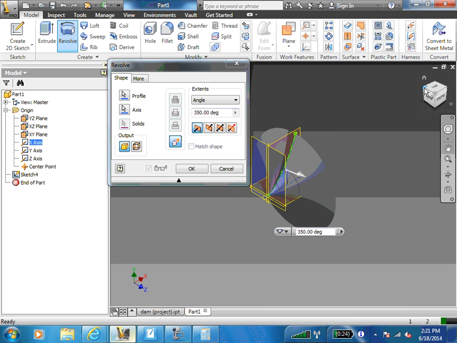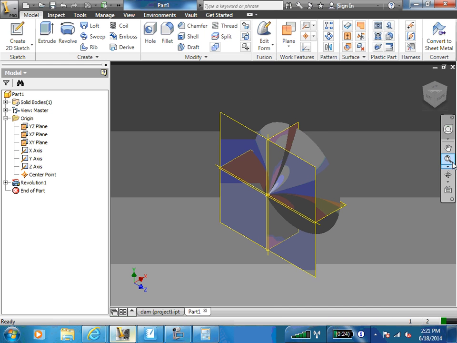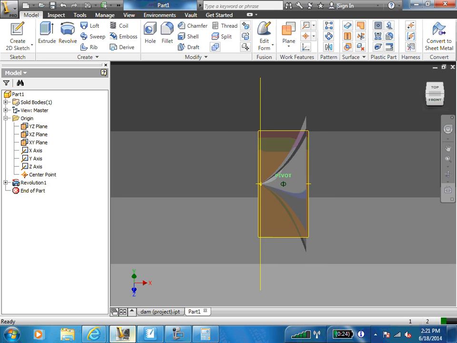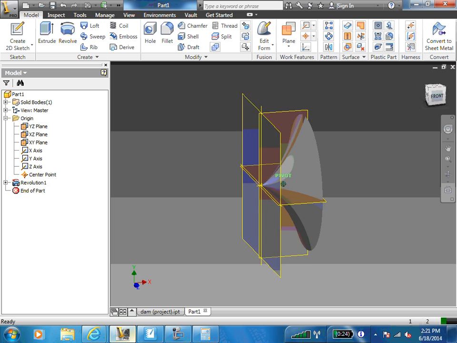You can see that okay? So we can generate that by taking just a plain curve and rotating it.